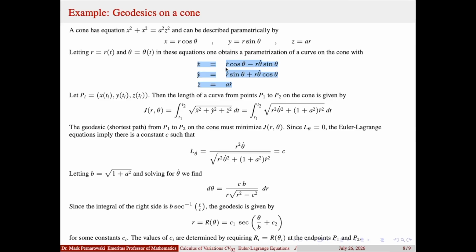And then I'll also have things like r dot squared times cos squared, r dot squared times sine squared. So that'll just be r dot squared because of a trig identity. You do all that, and you get this expression here. So what is this? This is the functional that tells you the length of a curve on the cone.